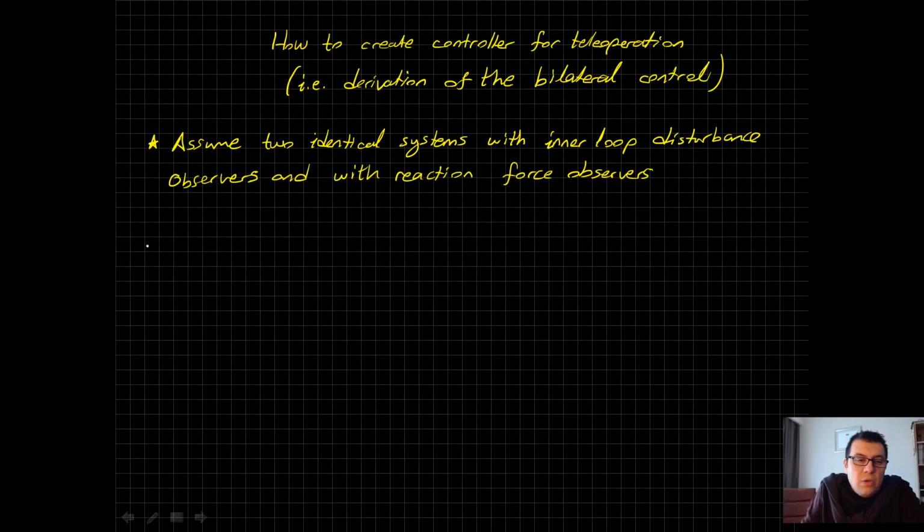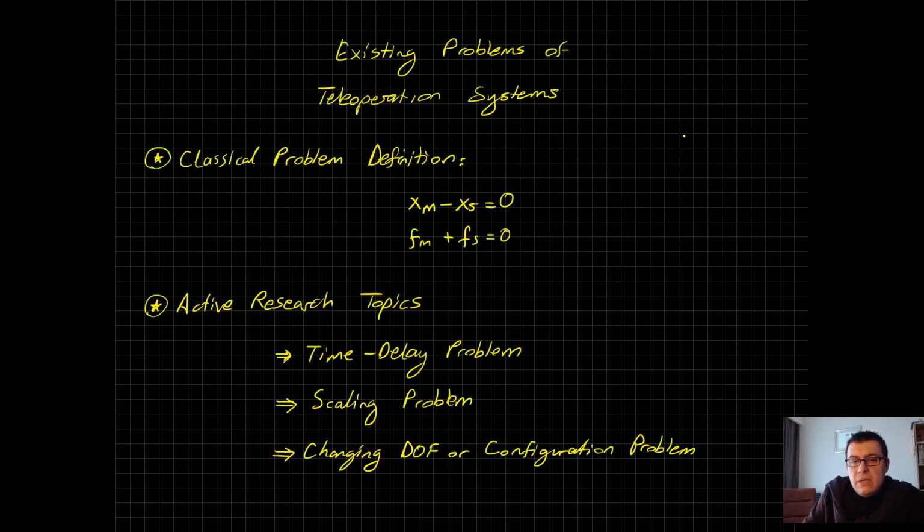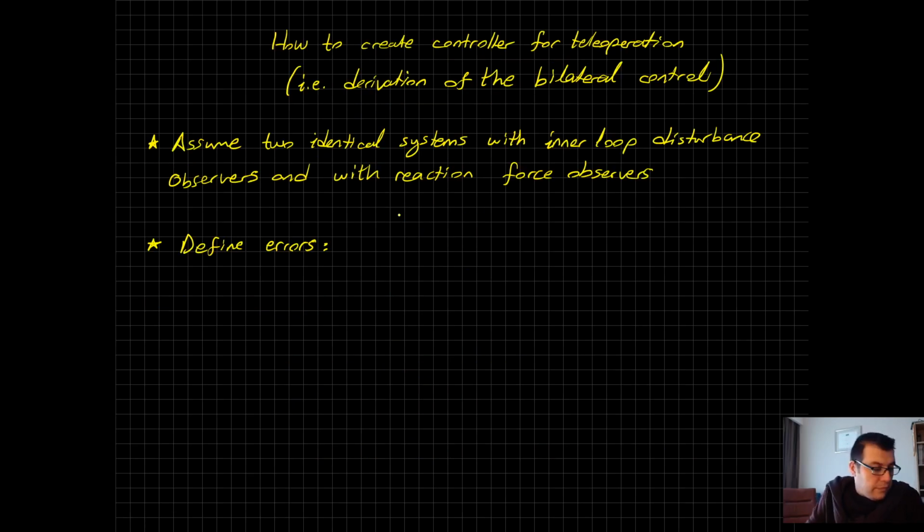So as always, don't forget, when we're trying to make a derivation for a control system, we first start by defining the errors. These errors are simply ones that are there to satisfy these two goals.